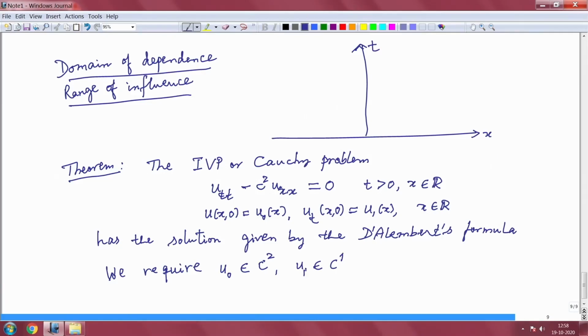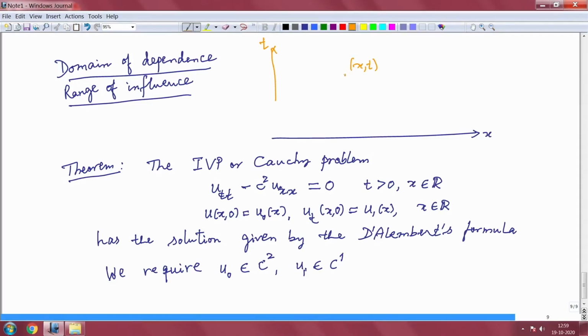Okay. So, if you look at the D'Alembert's formula, let me just remove this and put a t here. We are trying to find the solution at a point (x, t).